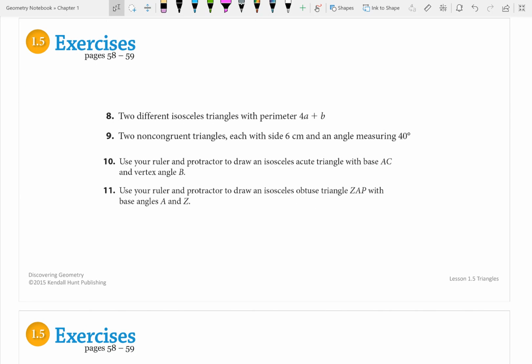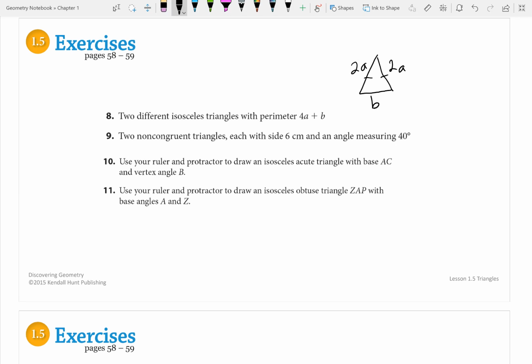Number 8. Two different isosceles triangles with perimeter of 4A plus B. Okay, what if we did something like this? 2A, 2A, and B. Yep. That's an isosceles triangle. That'll work. What else could we do? What if we did something like here?